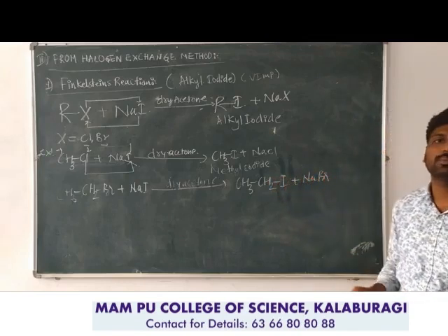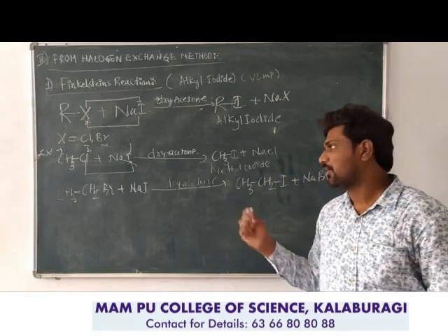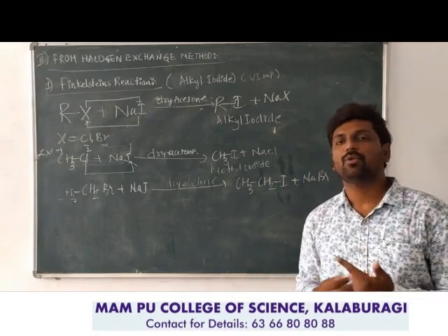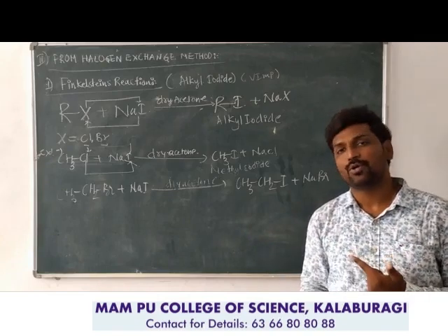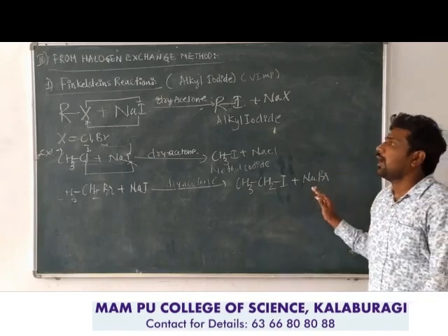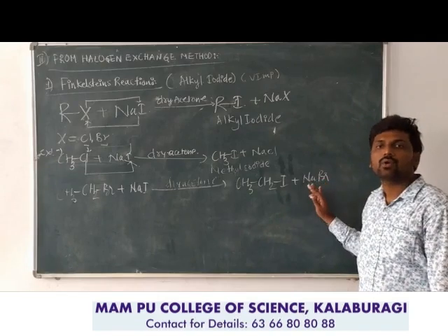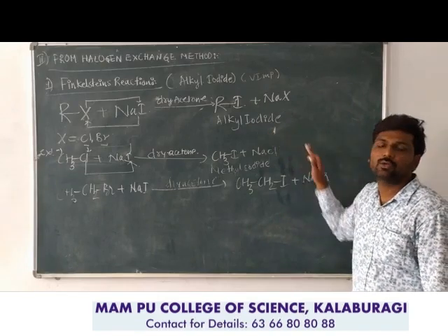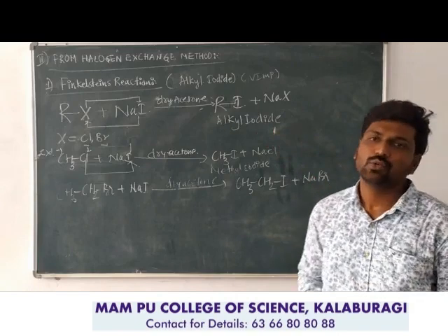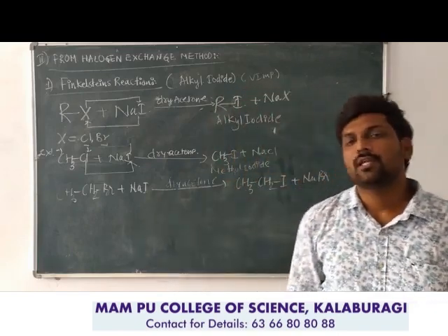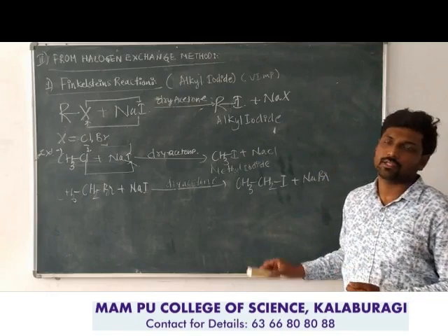In this way you can prepare any iodoalkane. If you take propyl bromide, you get iodopropane; butyl bromide gives iodobutane. In this way any iodoalkane or alkyl iodide you can prepare by Finkelstein's reaction. So this is one of the halogen exchange method reactions, that is Finkelstein's reaction.